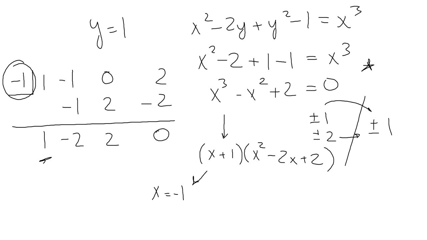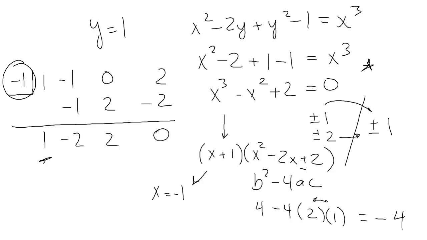And this one, if you evaluate the discriminant, the inside part of the quadratic formula there, b squared minus 4ac, you end up getting 4 minus 4 times 2 times 1. Those should be flipped really if it's ac. But that's a negative number, right? It's 4 minus 8. That's negative 4, which means this has no real solutions. So the only solution we actually get is x equals negative 1.